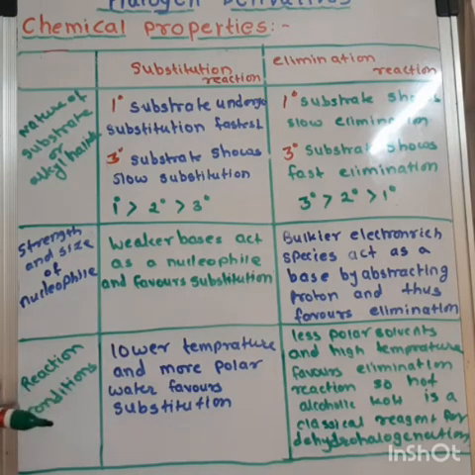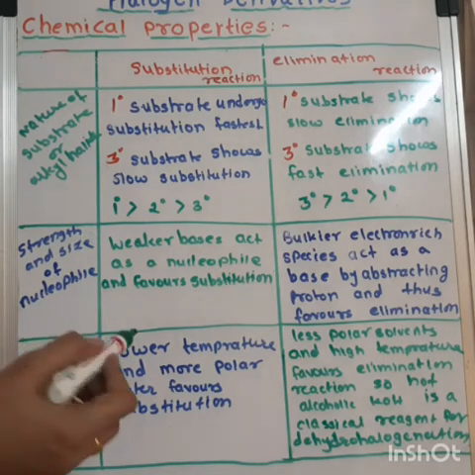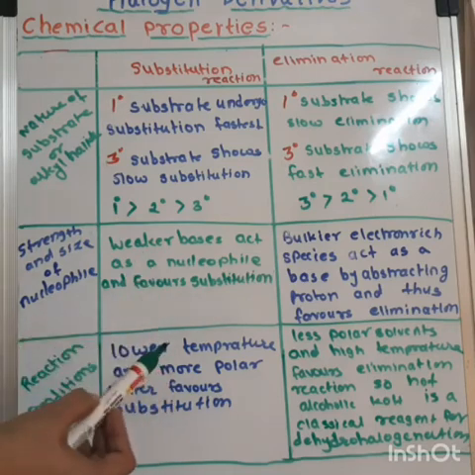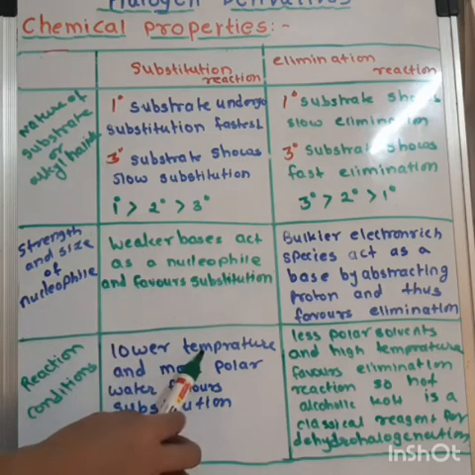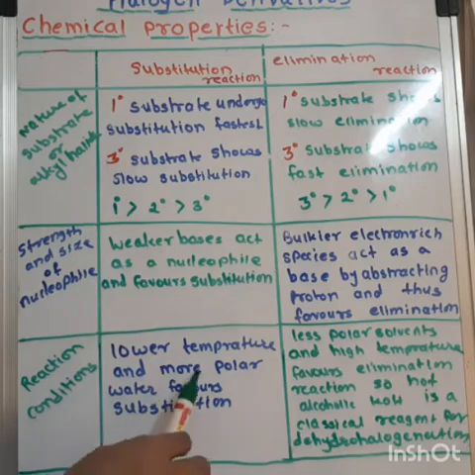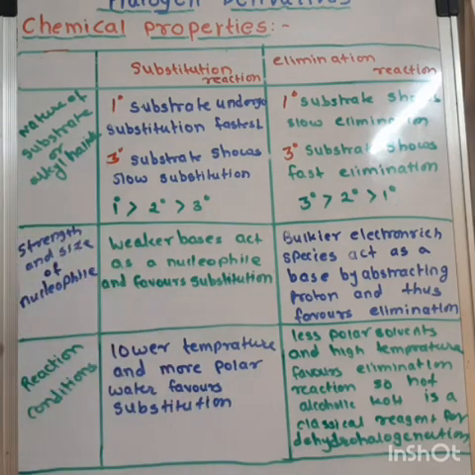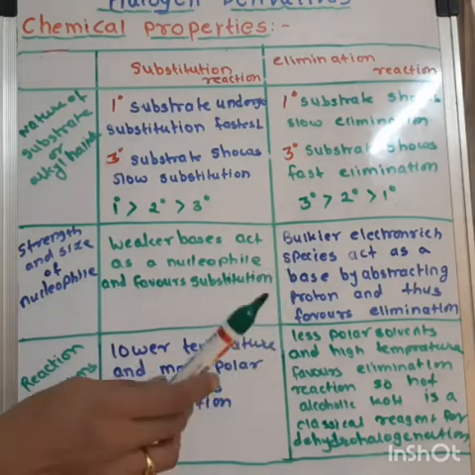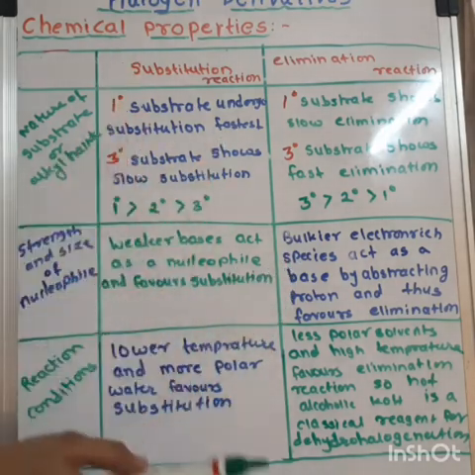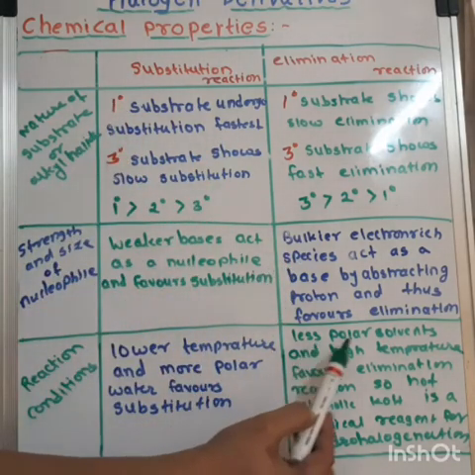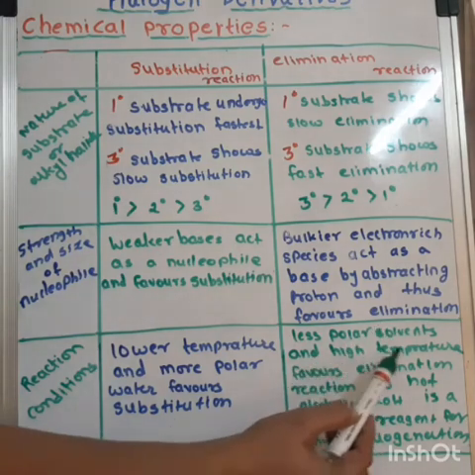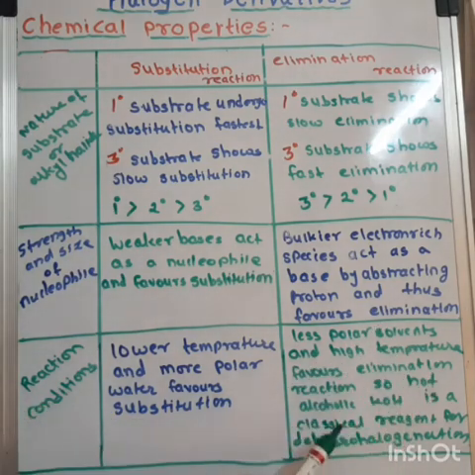The third point is reaction conditions. Lower temperature and more polar solvents like water favor substitution reaction. Which reaction conditions favor elimination reaction? Less polar solvent and high temperature favor elimination.